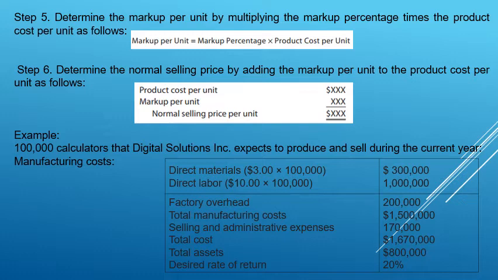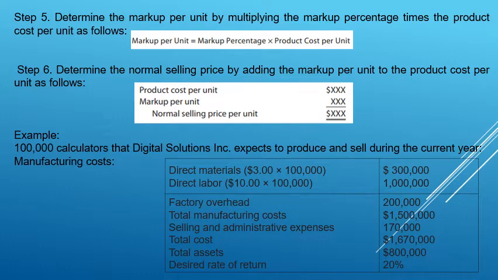The direct materials is $300,000, which came from $3 times 100,000 calculators. So direct labor is $1 million. So the factory overhead is 200, and the total manufacturing cost is $1.5 million.